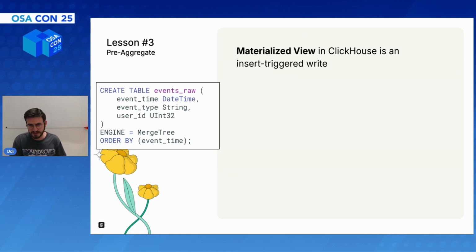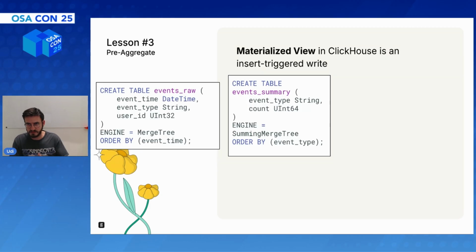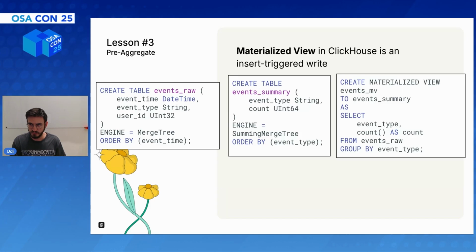So we can create an aggregative table, event summary, for example, which uses the SummingMergeTree engine. This table will sum the count of each event type inserted into it. And we can create a materialized view defined like this, which will populate the aggregative table.